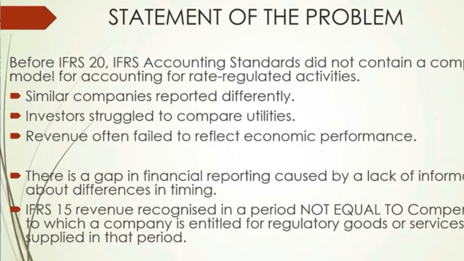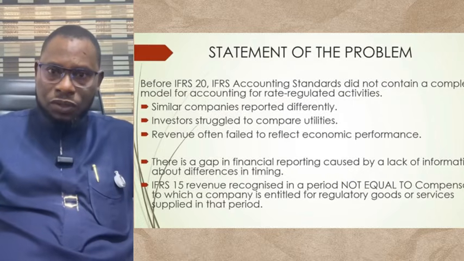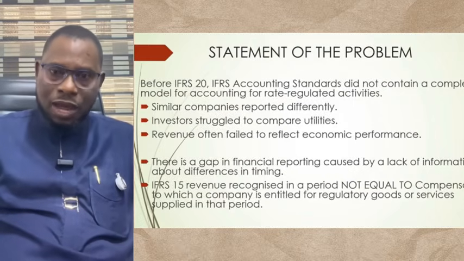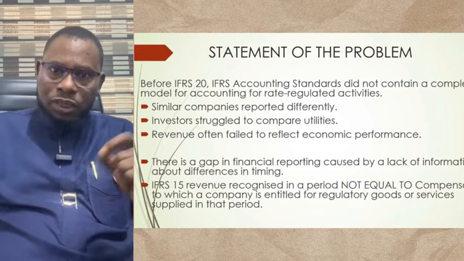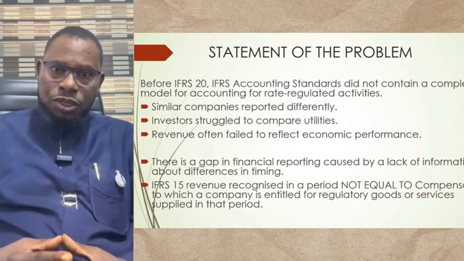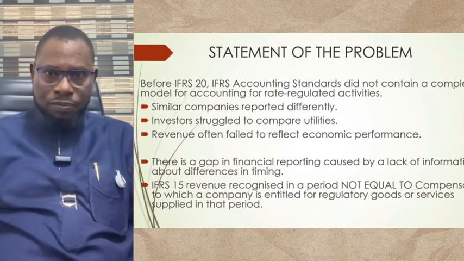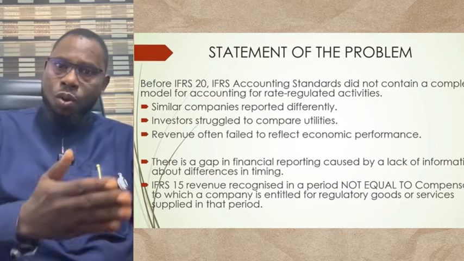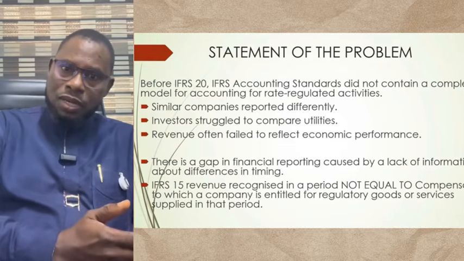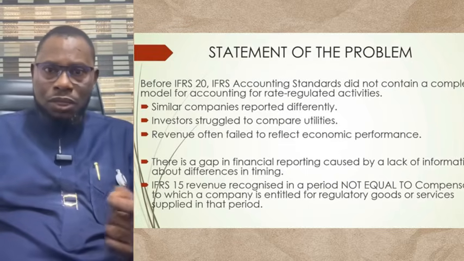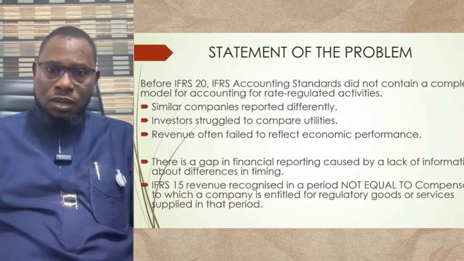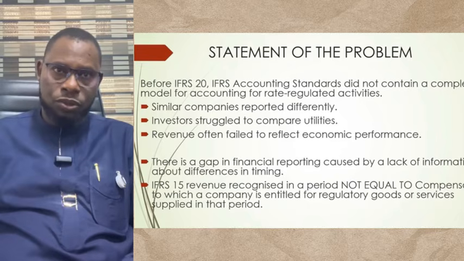So companies in rate-regulated activities, like carrying out electricity services, utilities, water, gas, and others, there was no single standard to regulate them. So because of this, comparability was a problem. If you wanted to compare one company in the electricity industry with another company, because they were not using a single model, comparing them was difficult.